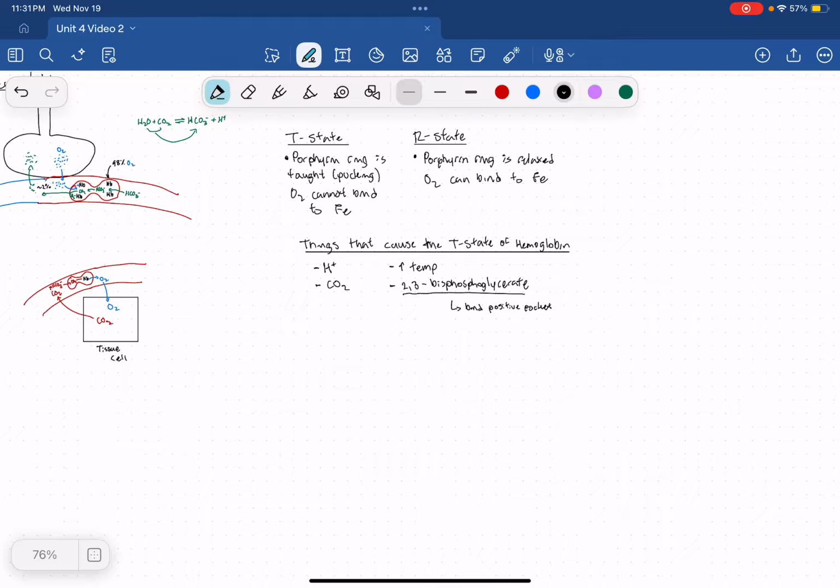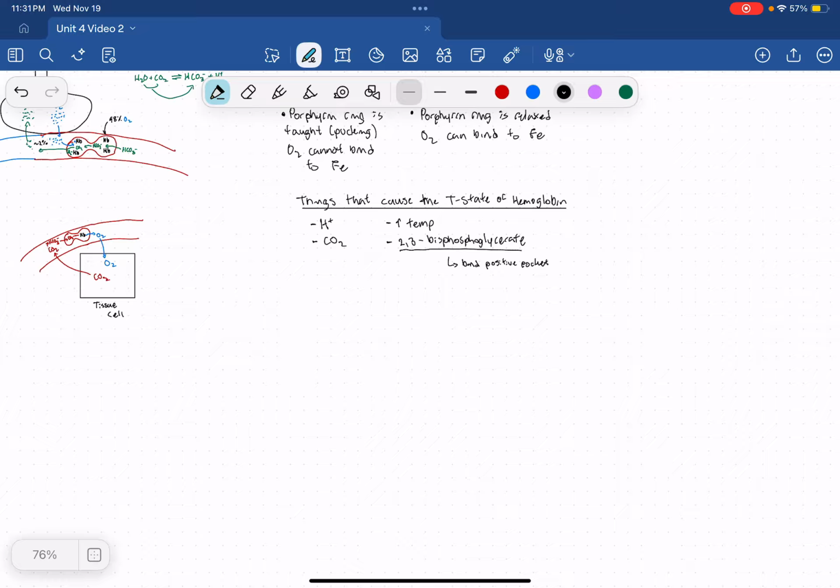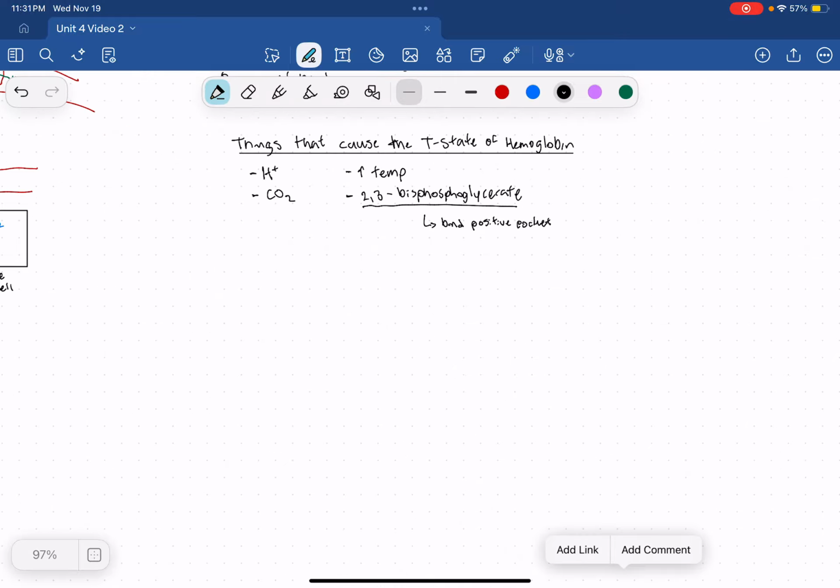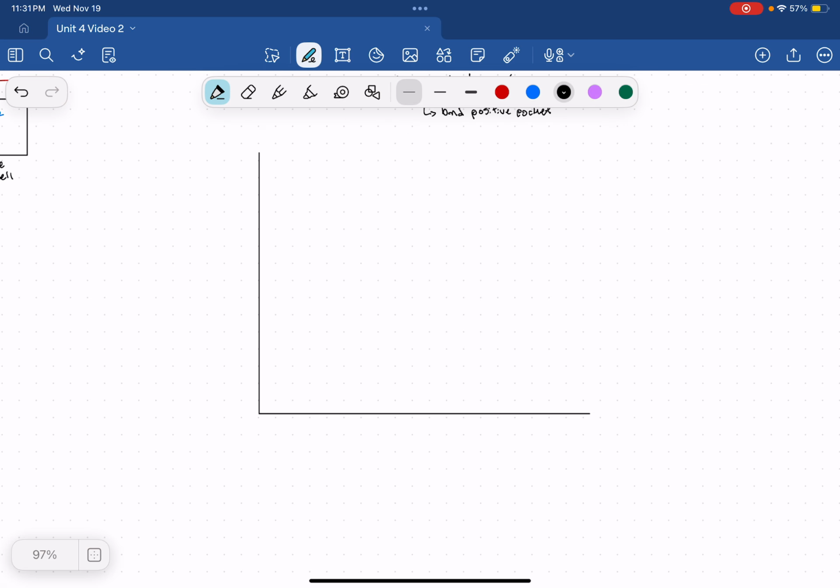But let's look at the hemoglobin saturation curve. Let's say on my x-axis here, I'm just going to make up some values that we can look at. So 20, 40, 60, 80, 100.